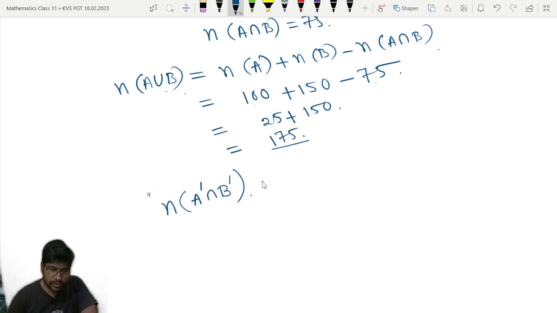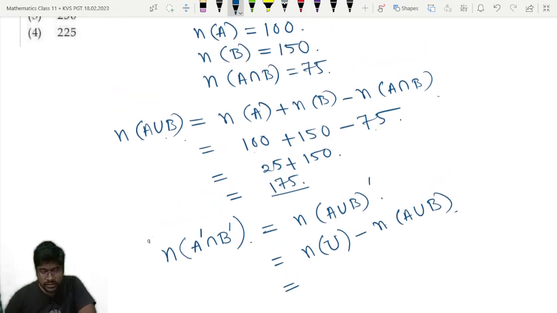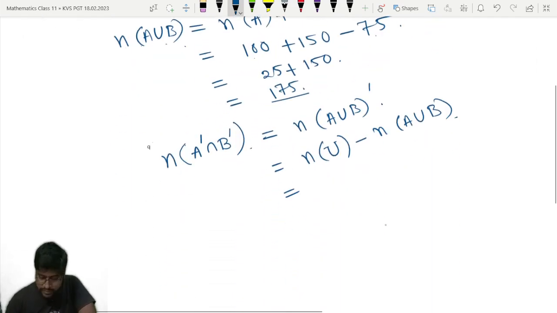That means this is equal to, we know, the number of A union B whole complement. Now this is nothing but number of U, where U is the universal set, minus number of A union B. So what is the number of elements of the universal set? That means the total number of students. 400 students were there.